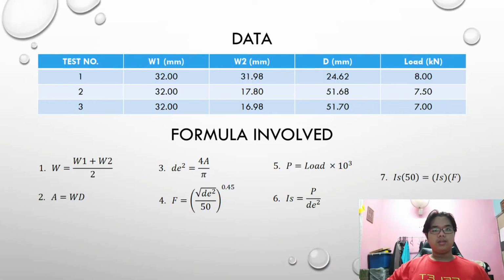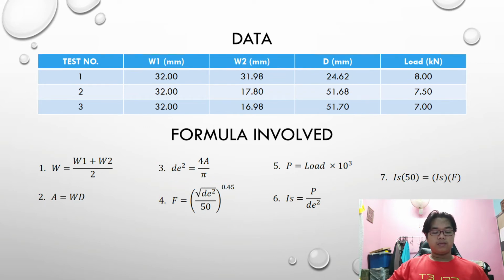The formulas that we use: first, average width, which is W1 plus W2 divided by 2. The second is area, which is width times diameter. The third is equivalent core diameter, which is 4 times area divided by pi. The fourth formula is size correction factor, which is the square root of equivalent core diameter divided by 50, to the power of 0.45.